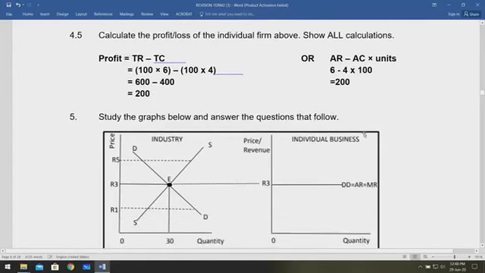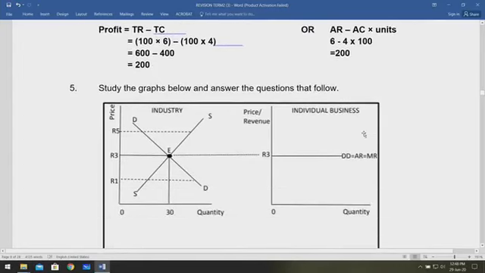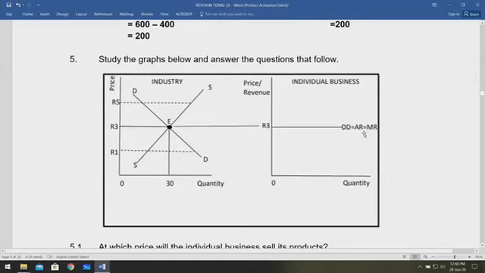Right, question 5. Study the graph below and answer the questions that follow. So here we've got the industry graph and here we've got the graph of the individual business. This illustrates to us how the business derives that horizontal demand curve, because the business has to accept the price that has been set by the industry.